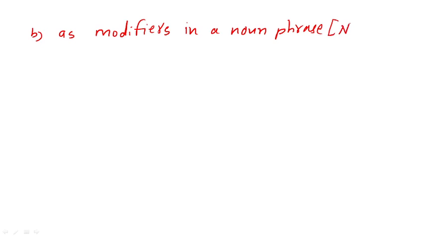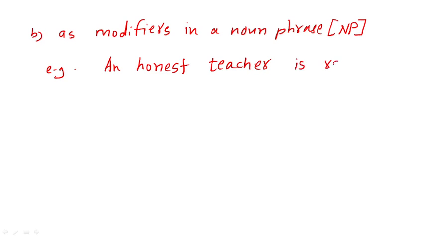Adjective also functions as modifier in a noun phrase, that is NP. For example, see, an honest teacher is rare.